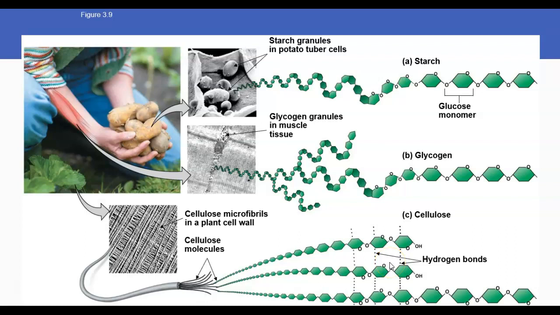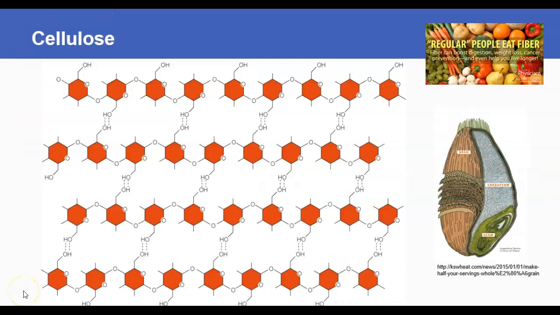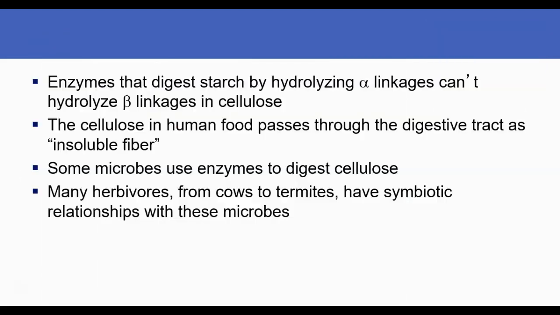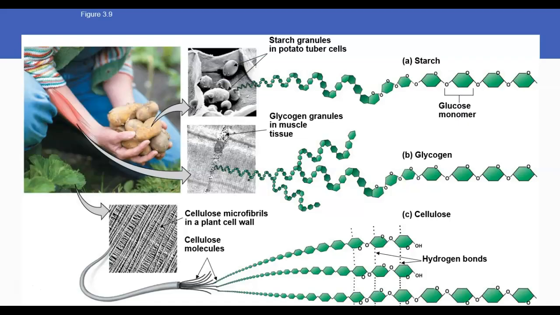So you can eat all the grass you want and you're not going to taste a whole bunch of sugar, because we can't break these bonds down to get back out one of these glucose molecules. That's why we call cellulose fiber: we don't have the enzymes, we don't have the scissors to break these bonds. So it goes right through us. So cellulose is a structural polymer, and that's in plants.